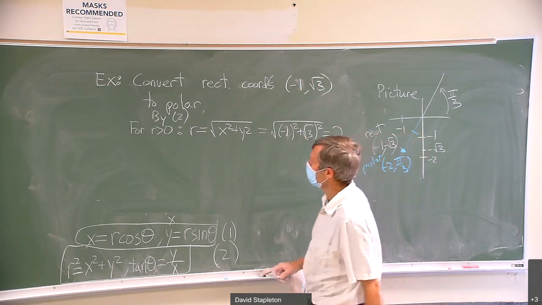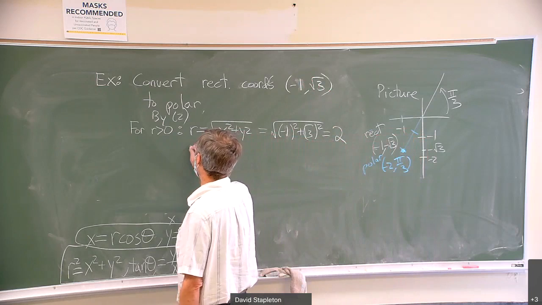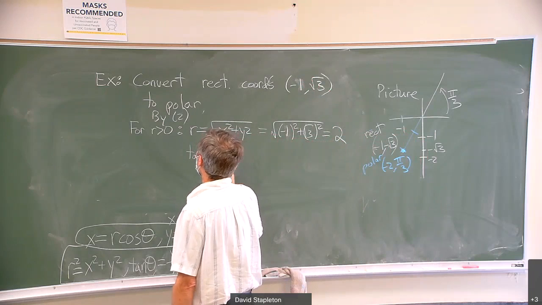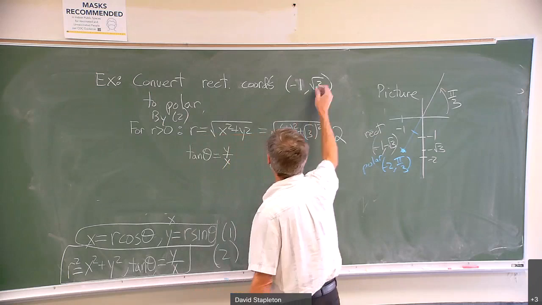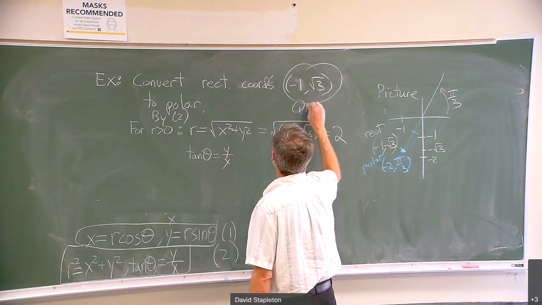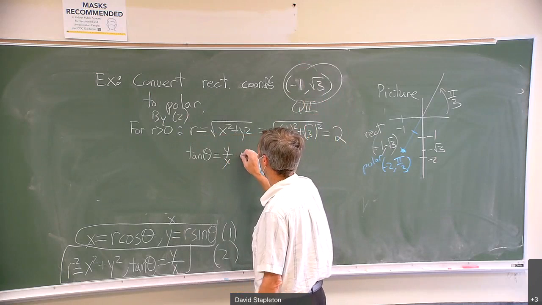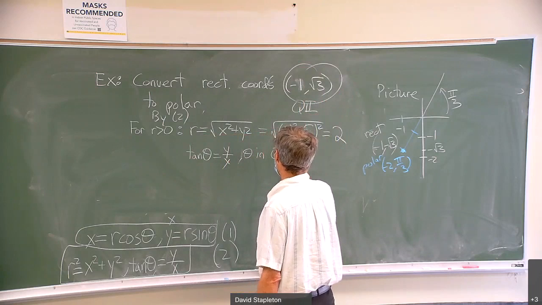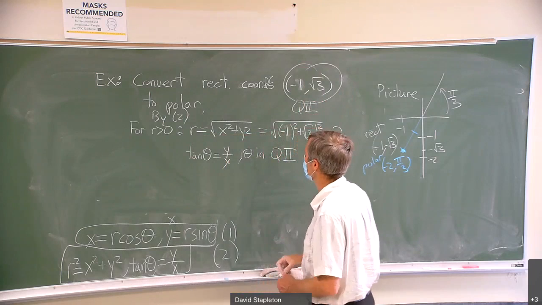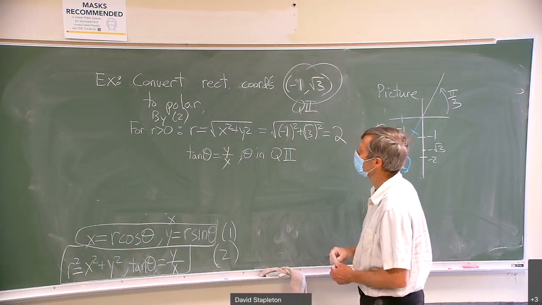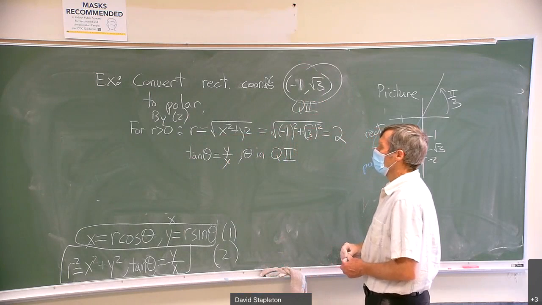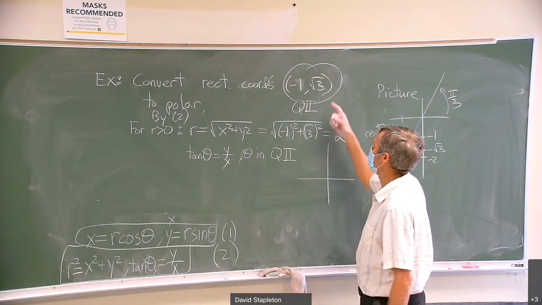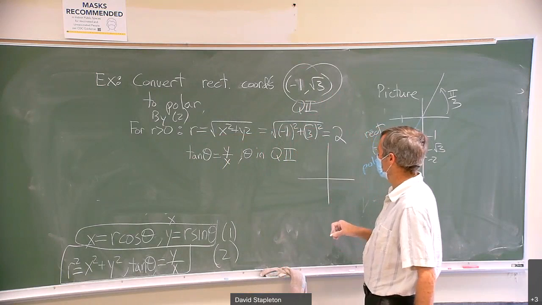If I want r positive, then I also want tangent theta equals y over x in the same quadrant as the point, which is quadrant 2, right? And if r is negative, I want to take the opposite quadrant, quadrant 4. So if tangent theta is y over x, I can figure this one out exactly because these come from a special triangle.